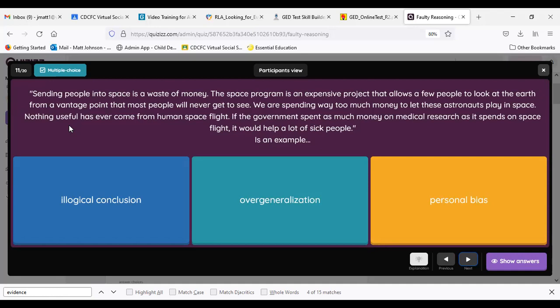We are spending way too much money to let this astronaut play in space. Nothing useful has ever come from human space flight. If the government spent as much money on medical research as it spent on space flight, it would help a lot.